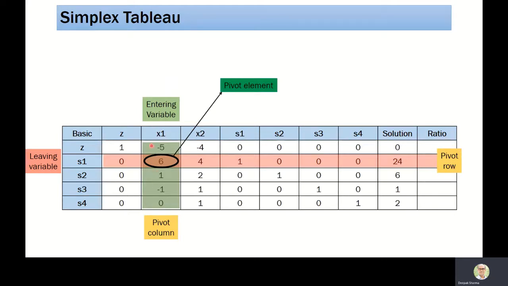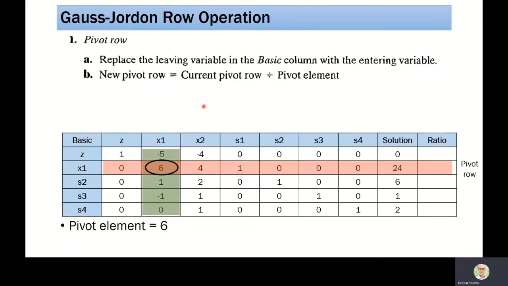The common element of the pivot row and column is the 6, which we refer to as the pivot element. These have significance when we perform the next operation. So what is the next operation? The next operation is the Gauss-Jordan row operation.